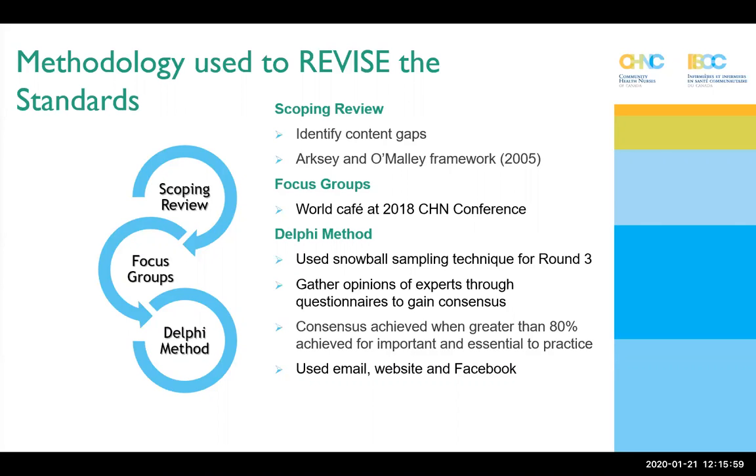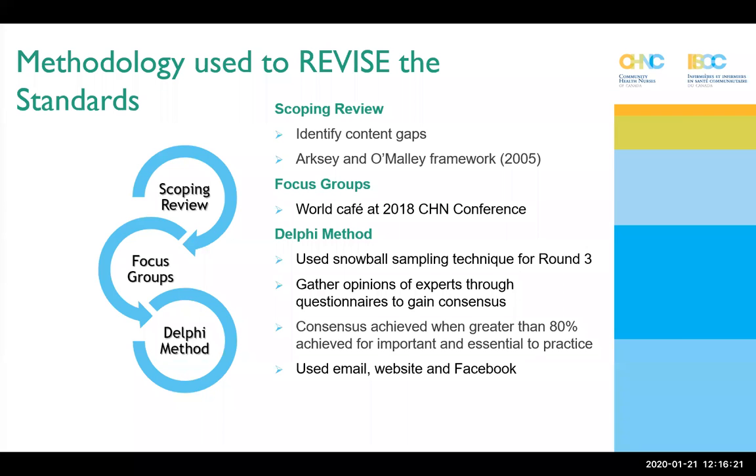So after their data analysis, they looked at the subcategories, made some changes, and helped develop some descriptive ideas to help support the development of the revised standards. And the feedback and input from community health nurses supported this evidence and research.